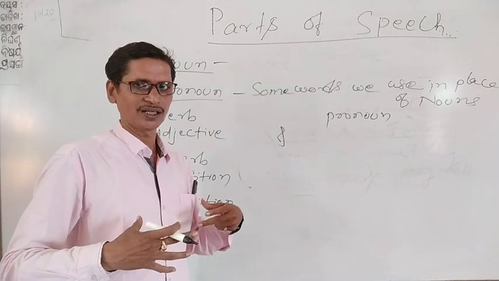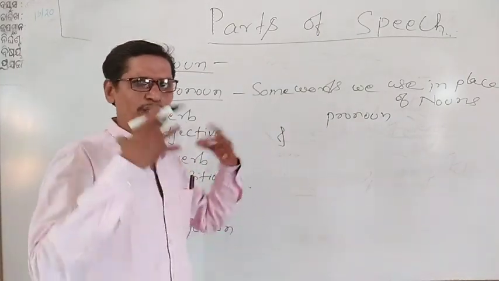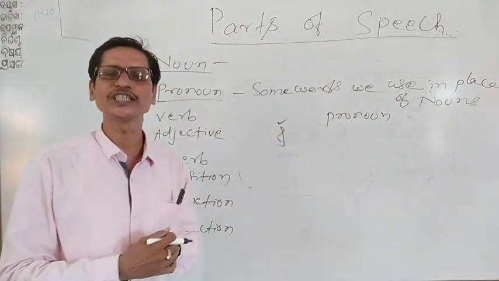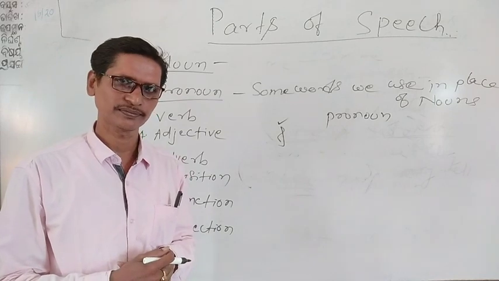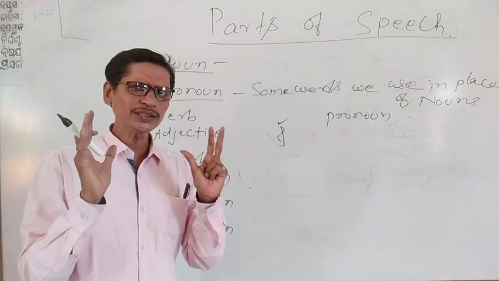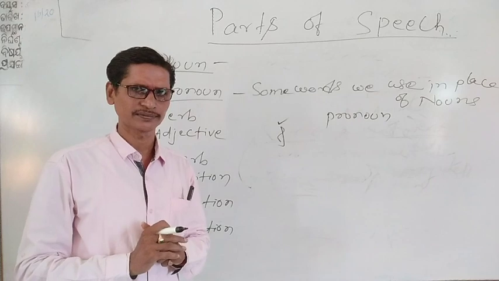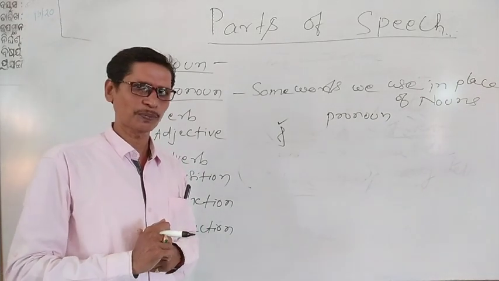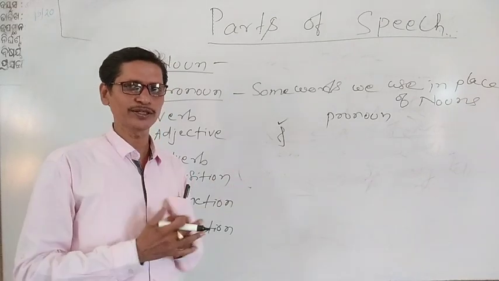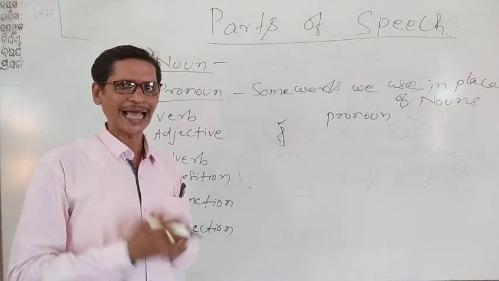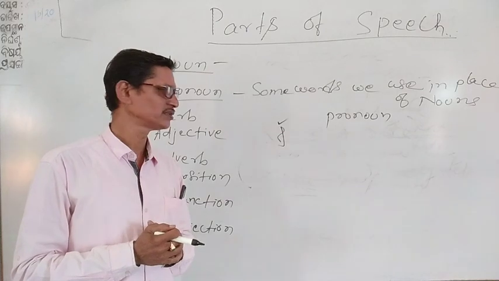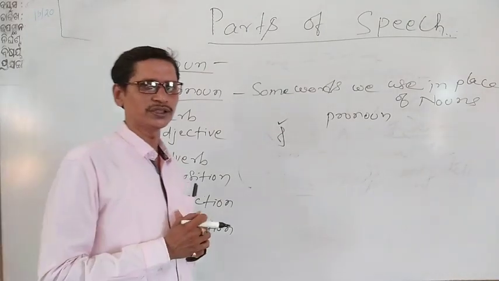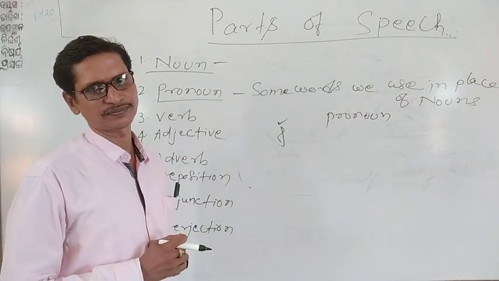I'm a good swimmer. So in this speech, what happens? I is used at the beginning of the sentence. When a noun is used at the beginning of the sentence, we say subject. Nouns or pronouns can be used anywhere in a sentence, but some pronouns are only used as a subject.